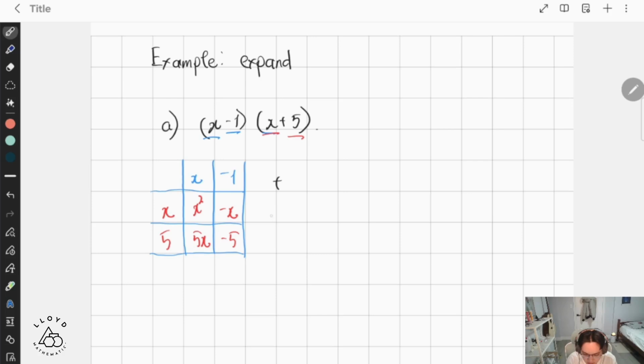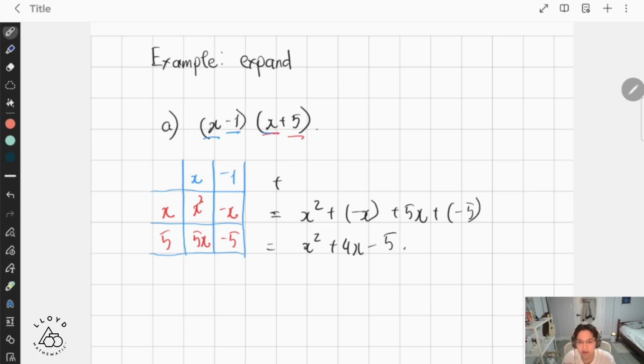So that one will be equal to x squared plus -x plus 5x plus -5. And this one will turn to x squared plus 4x minus 5. That is the thing that we need to calculate in standard form.